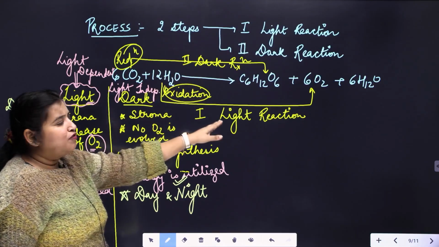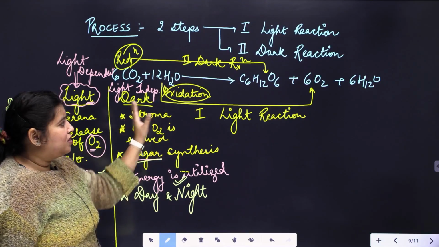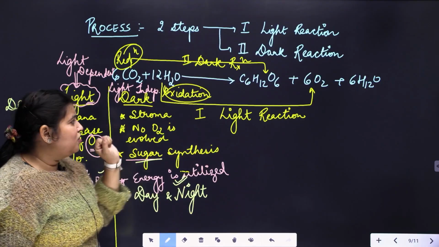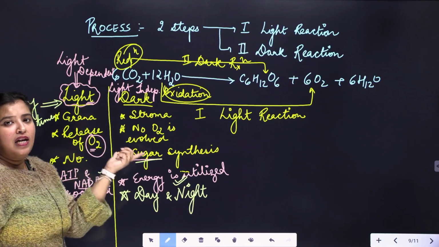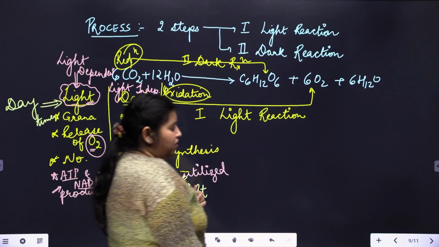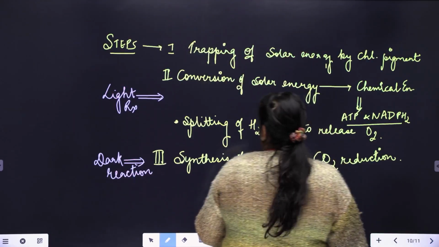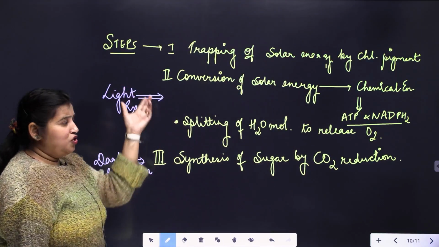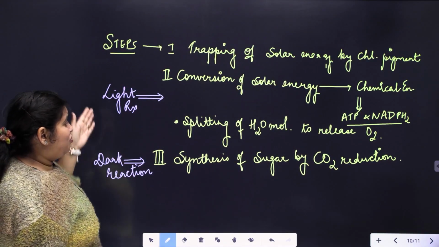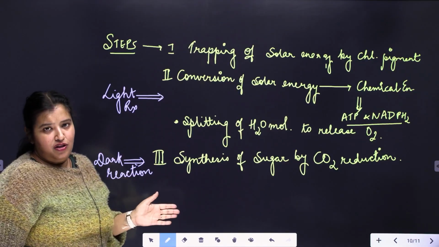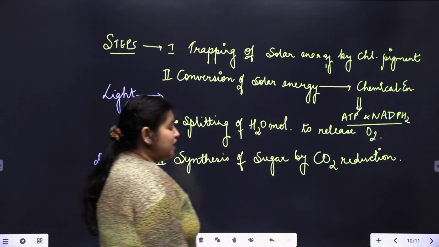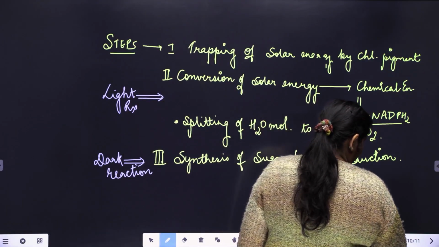I have marked that for you in the equation also, what is happening in which reaction. Then the differences between the light and the dark reaction. Then the steps which are involved, you have to write these 3 steps of photosynthesis. All right. Moving to the next part.